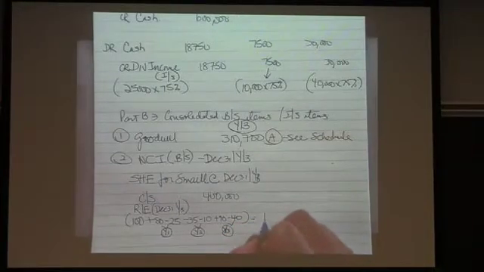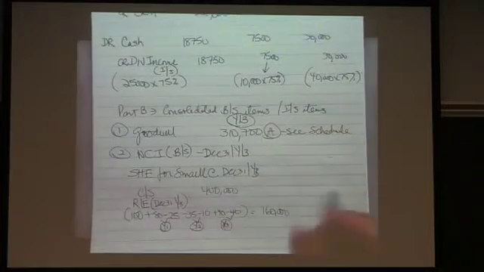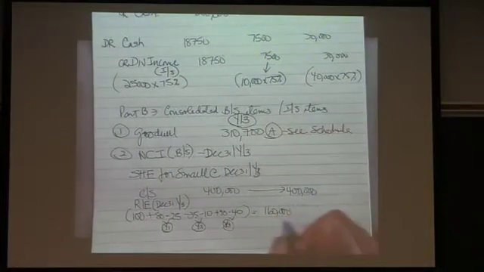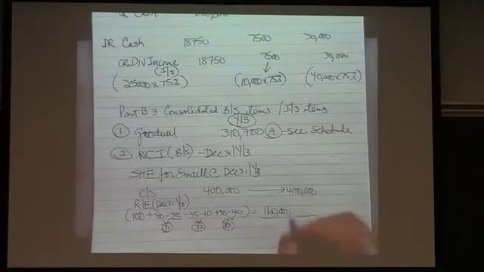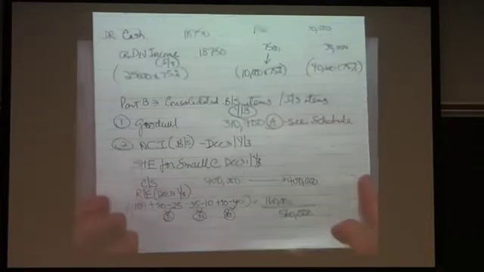All that adds to 160. So it's just a matter of calculating the retained earnings. And the sum of these two, so let me put that $400,000 here, gives me $560,000. This is the net book value, the shareholders' equity of Small.